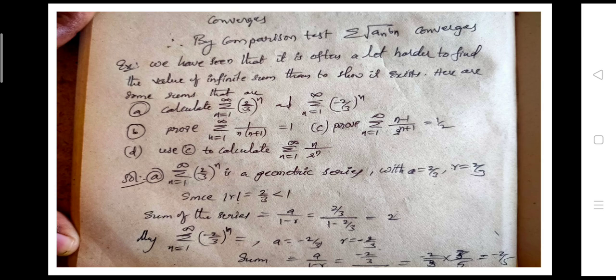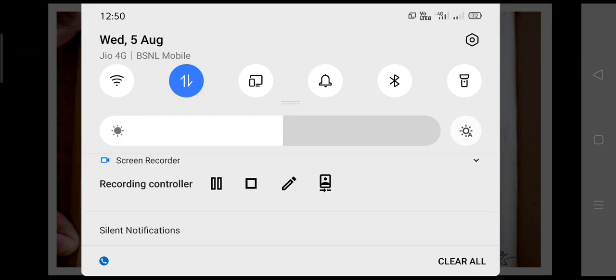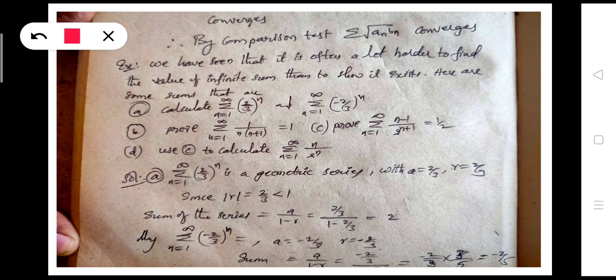We have seen that it is often a lot harder to find the value of the infinite sum than to show that it exists. Here are some examples. Calculate sigma n is equal to 1 to infinity 2 by 3 whole power n.